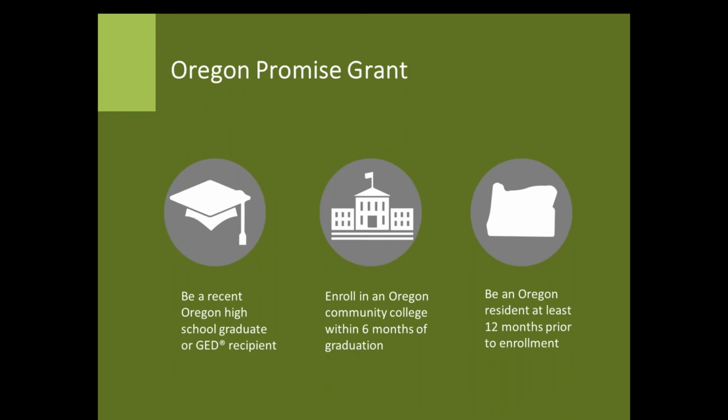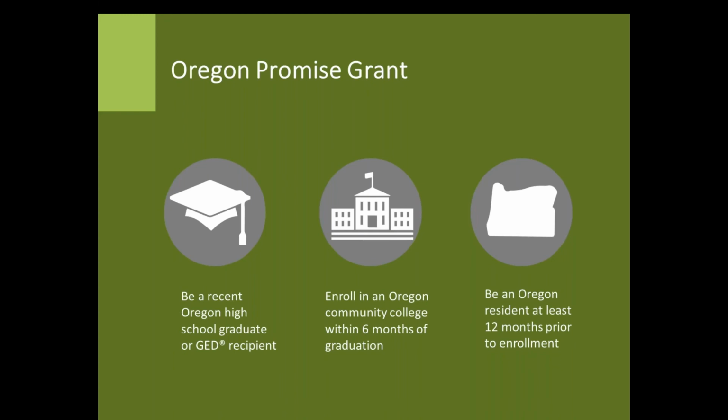So the requirements for Oregon Promise are that you have to be an Oregon resident at least 12 months prior to enrollment. You have to enroll at an Oregon community college within 6 months of graduation, or in this case, receiving your GED. When I say enroll in an Oregon community college, that means you have to register and begin taking classes within 6 months of receiving your GED.